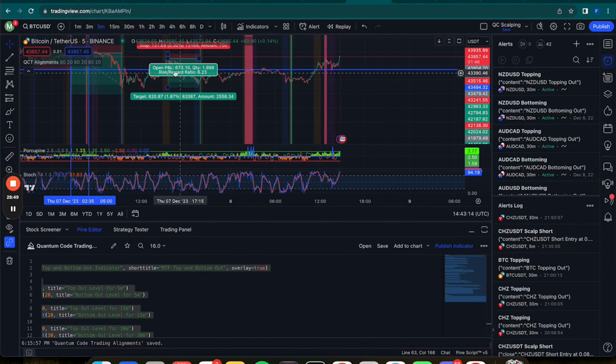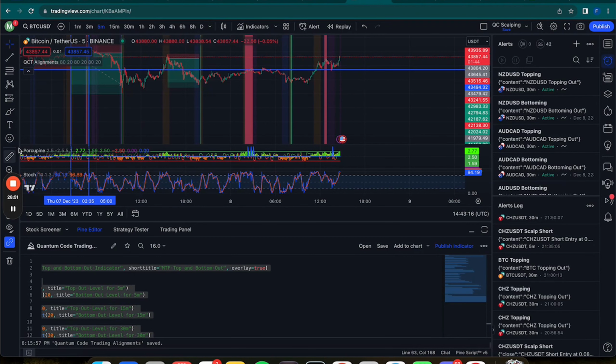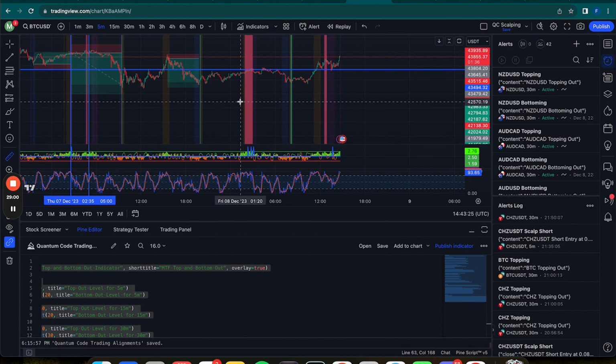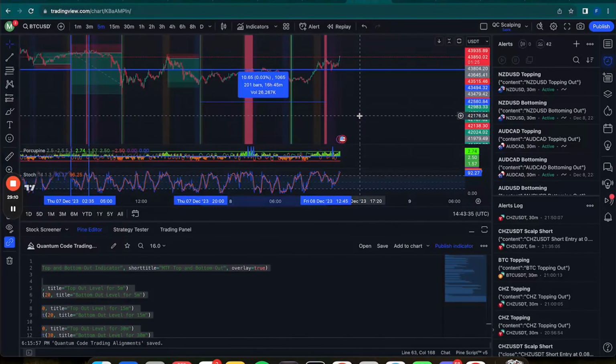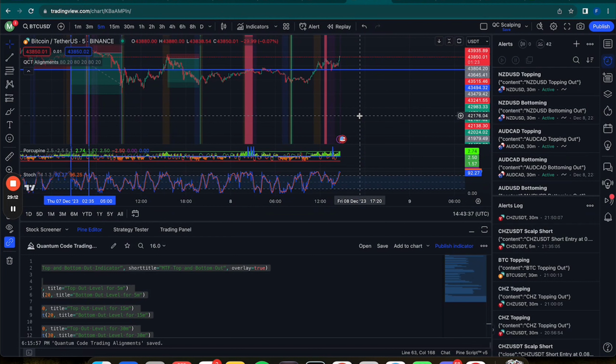Here, these ones, the green, red, means the 5, 15, and 30 topped and bottomed out at the same time, in alignment. And this took 16 hours. So in 16 hours, we had essentially 4 signals. So every 4 hours, we either top out or bottom out.